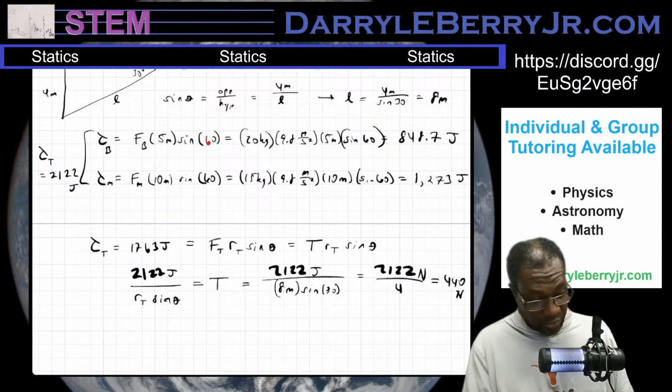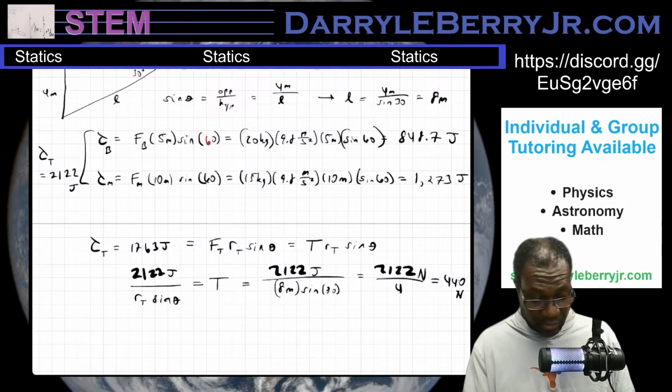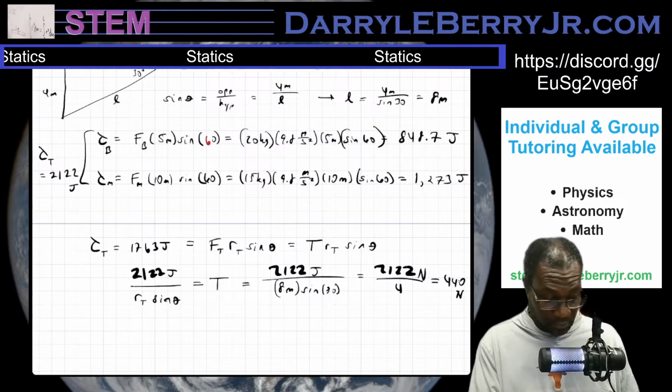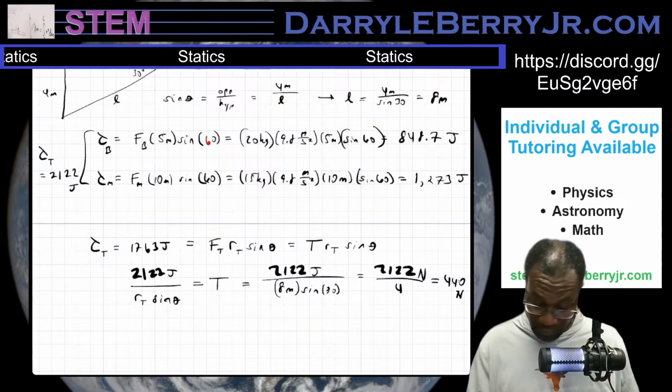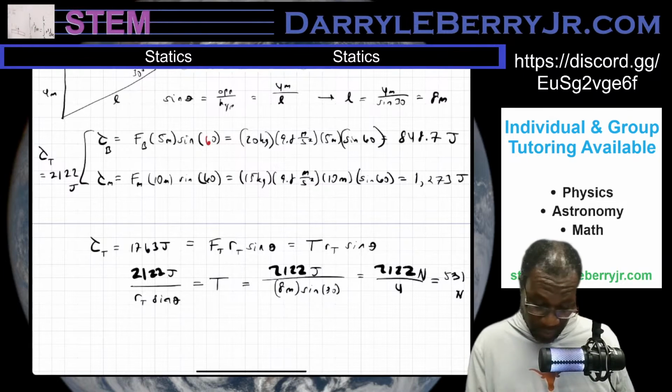So 2,122 divided by 4 equals 530.5. Okay, 531 newtons.